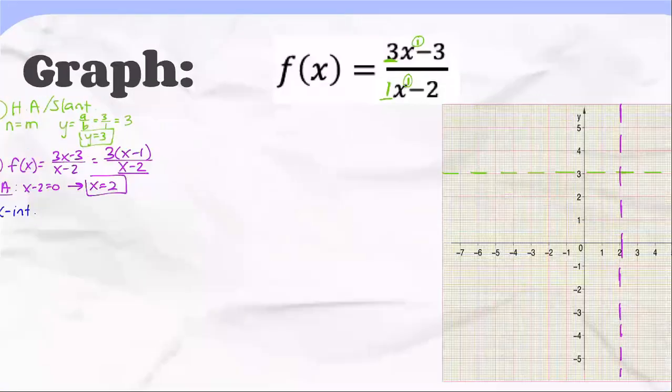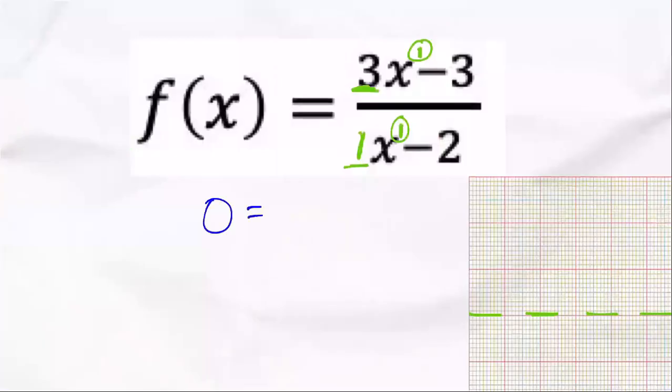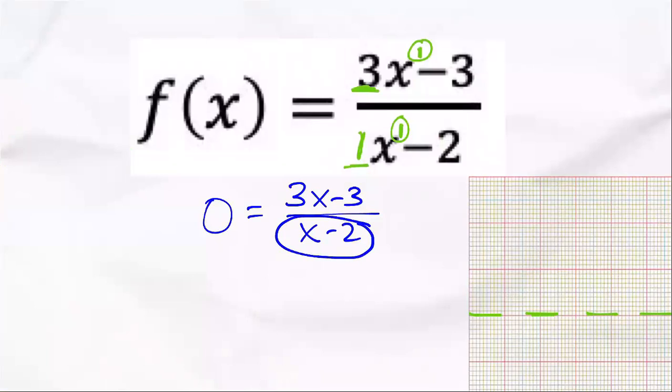And what's really nice, I want to show you this. If my y equals 0, anything that's on your denominator, you can just ignore, because the first thing I would do is multiply this over.